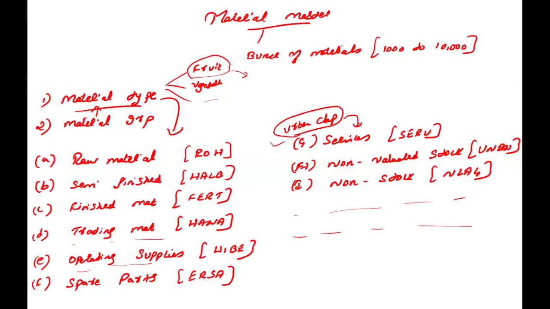Okay. Then you have this one, which is non-valuated stock. Non-valuated stock is nothing but, till now, all the materials we have spoken about can be purchased, sold, manufactured, a lot of things. But with non-valuated material, you will have the stock, but you don't have the value for it.